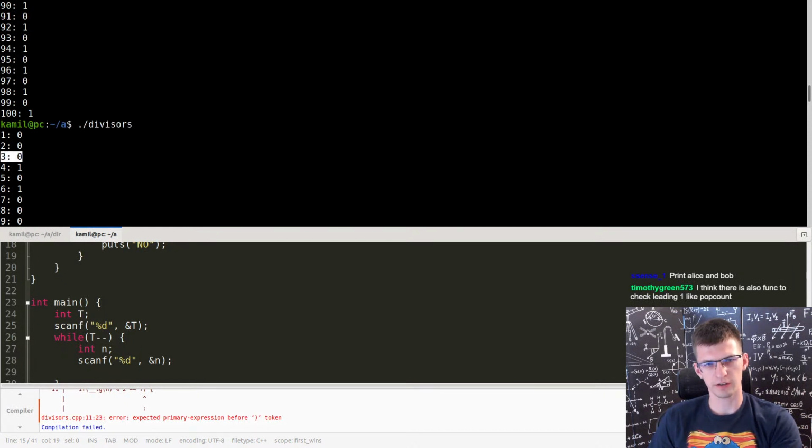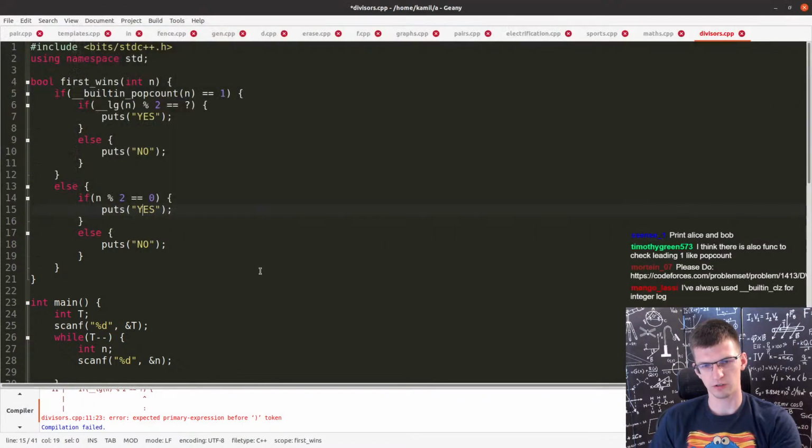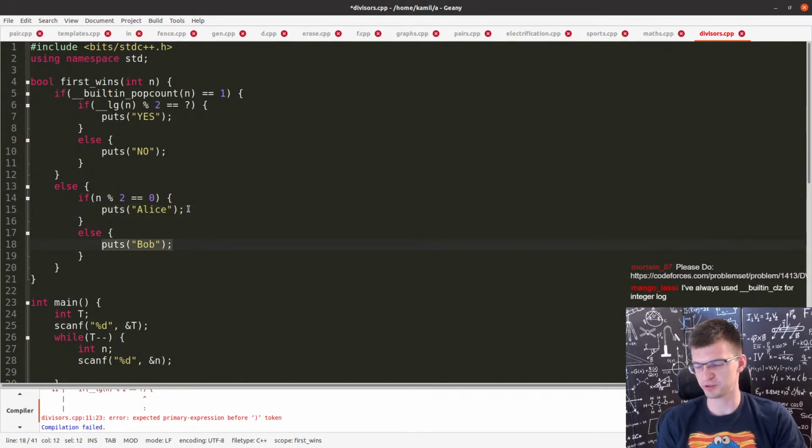If it's odd, like 3, then the first player loses, and in the game Alice started. So here Bob wins for odd. If I want to return a bool here, I shouldn't think whether it's Alice or Bob. If it's odd, does the first player win? No, for 3, the first player loses.